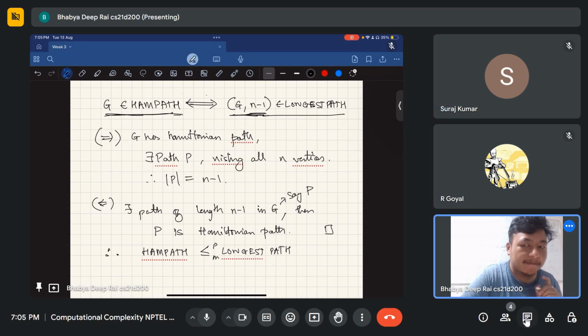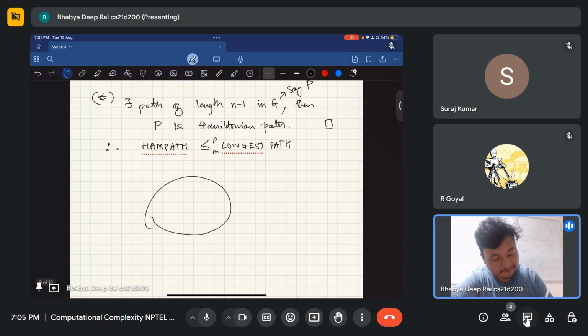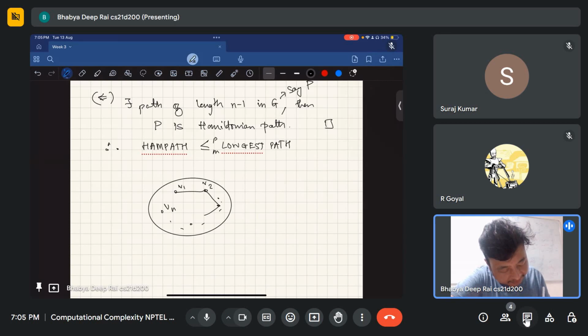Correct. Now here's the question. Suraj, if I have a graph and there are n vertices here, v1, v2, and so on till vn, and I have a path that visits all these vertices, what should be the length of the path, the number of edges in the path?